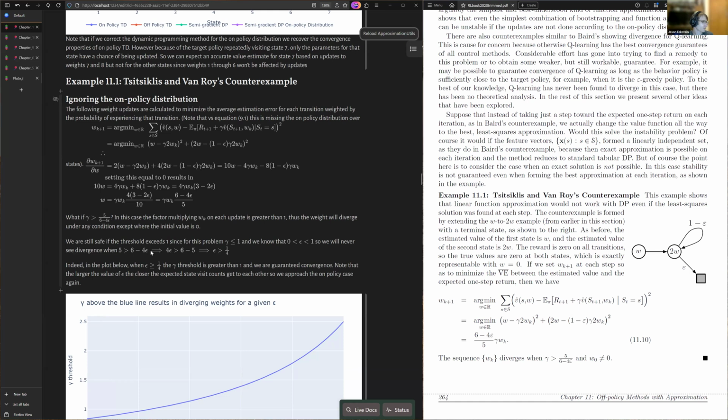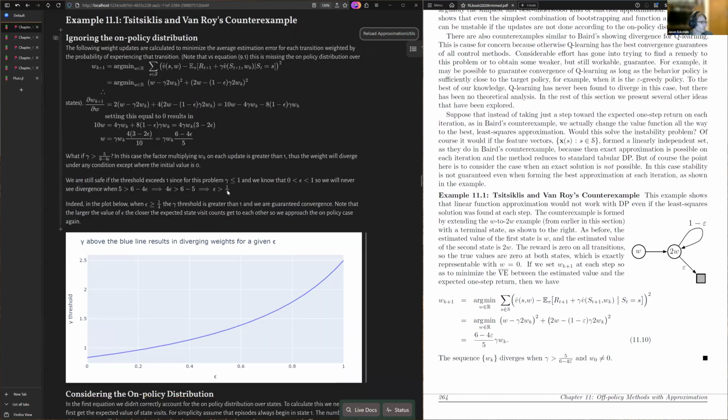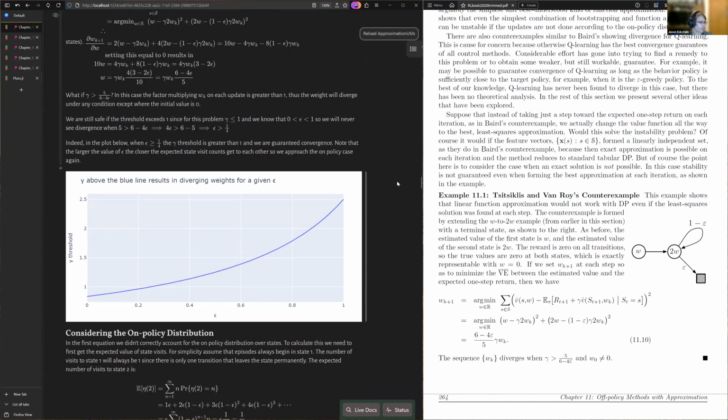And as long as epsilon is greater than 1/4, this threshold for gamma is always greater than 1. And that's what's being shown here.